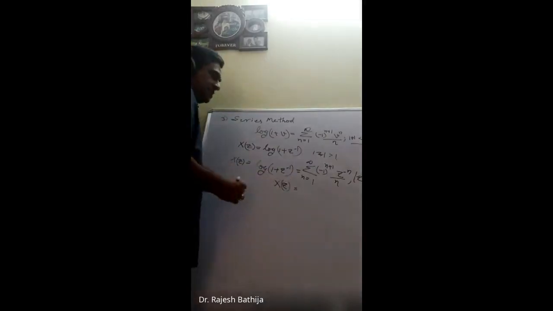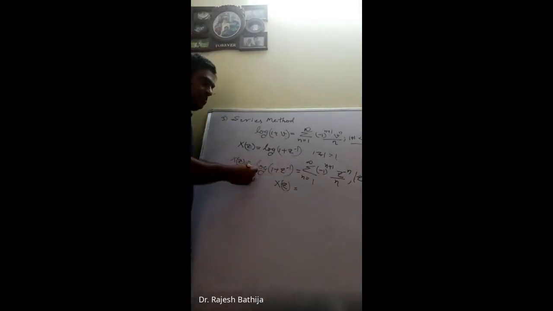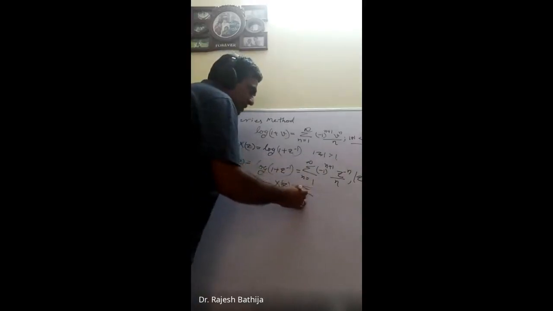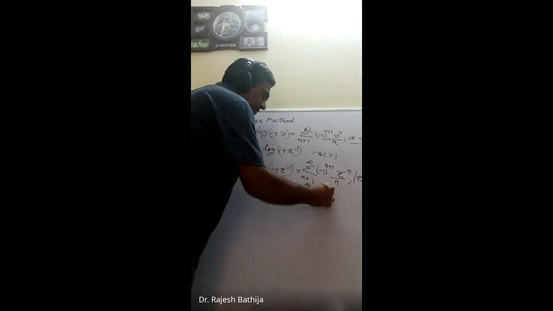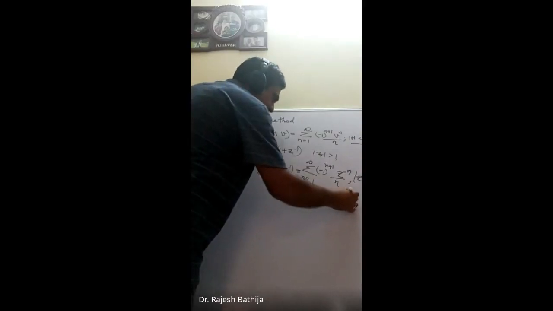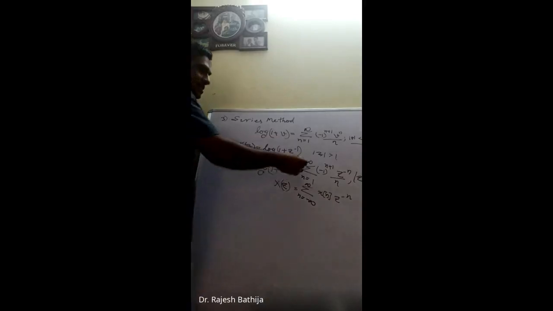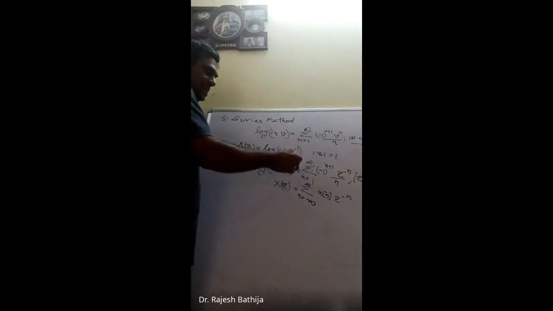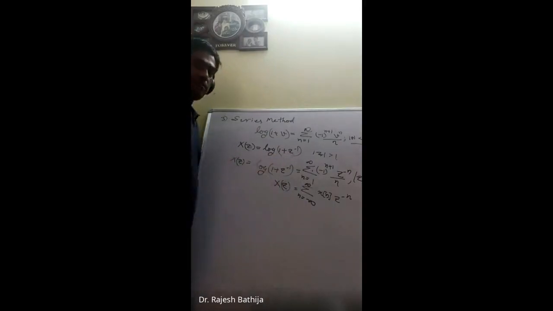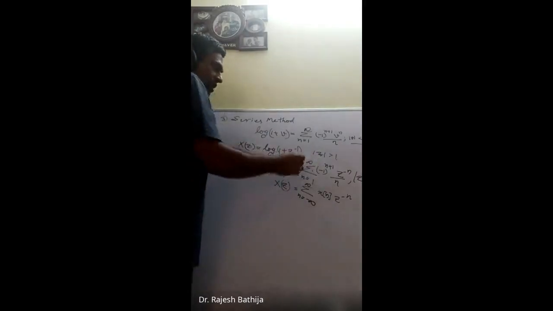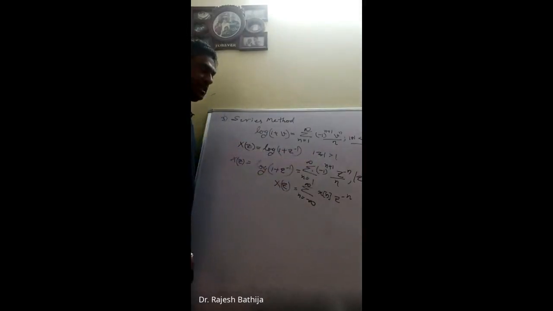If I compare now, this is my X of z. X of z is equal to this value, and this I have to compare with the summation from n equal to minus infinity to infinity of x of n z to the power minus n. The first thing to see in these two expressions is the limit. The limits are not the same. To make the limit the same, from minus infinity to infinity, I have to include a unit step signal here.